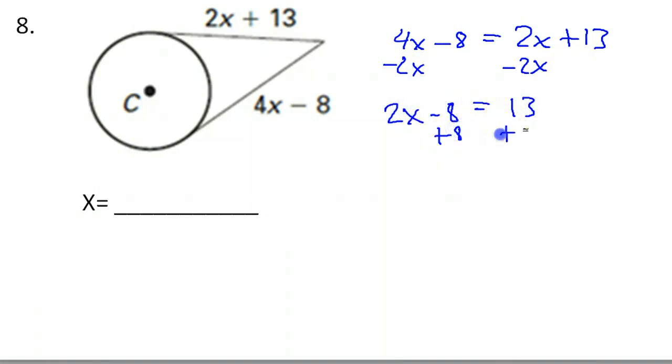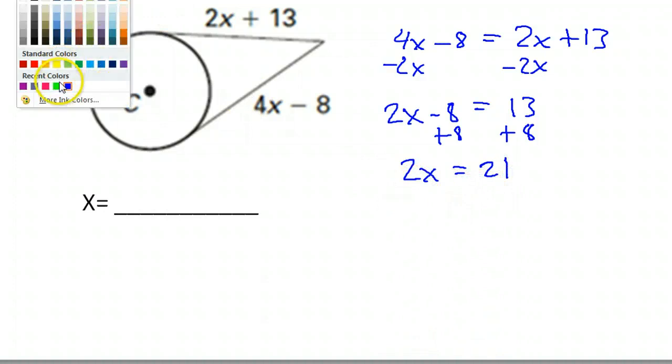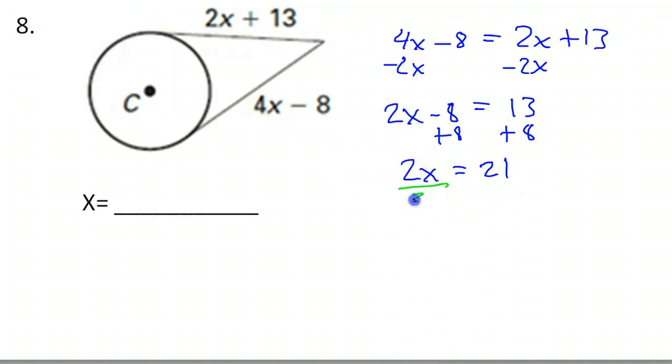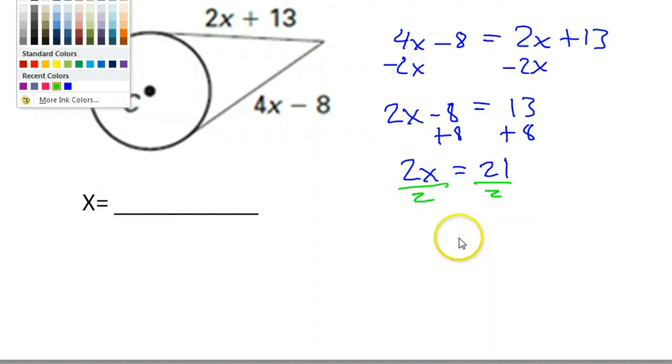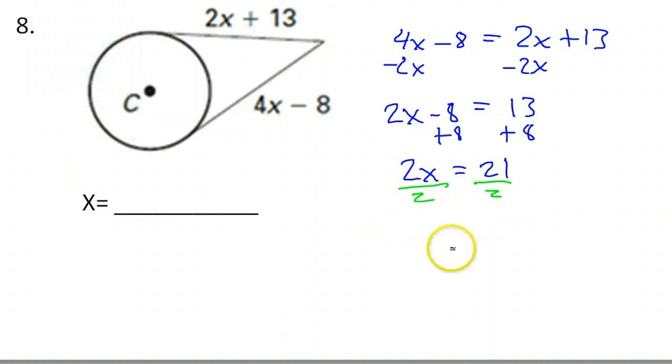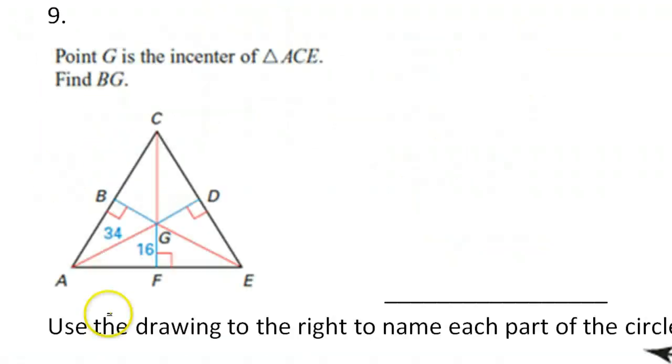Adding 8 to both sides gives us 2x is equal to 21. Dividing both sides by 2 gives us x equals 10.5. So that's it for number 8.